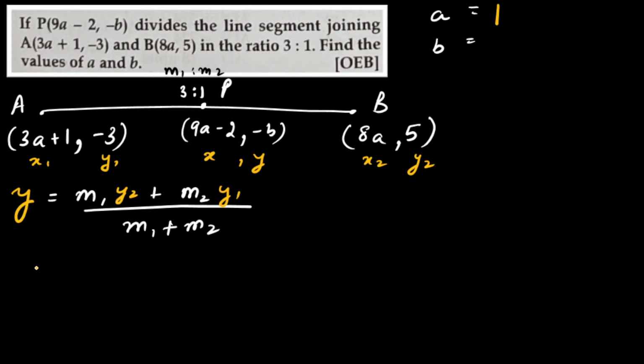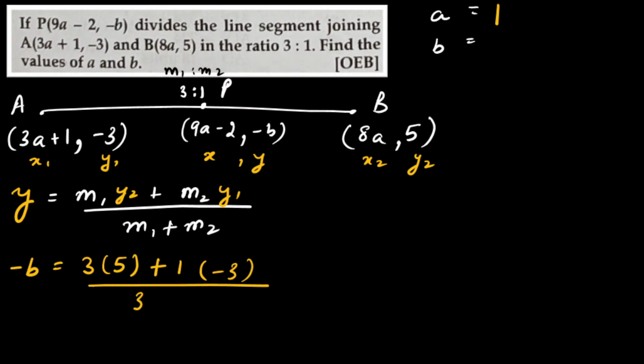Now y is given to us as minus b. M1 is 3, y2 is 5, plus m2 is 1, y1 is minus 3, by m1 3 plus m2 1. So minus b is equal to 3 into 5 is 15, 1 into minus 3 is minus 3, by 4.